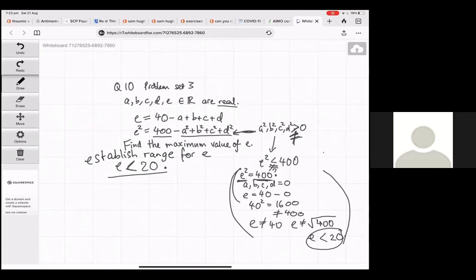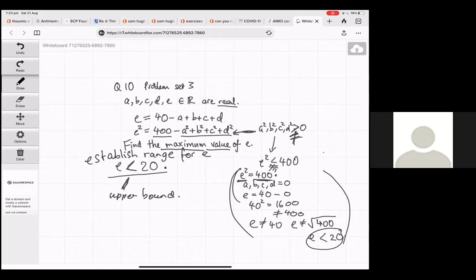So another good way to do this is we've got an upper bound. And that's good because if we're looking for a maximum value, we now know that we can't keep pumping up E to be as big as we like, because we've got this maximum capping value of 20 already.